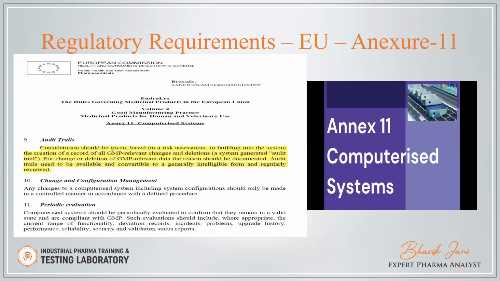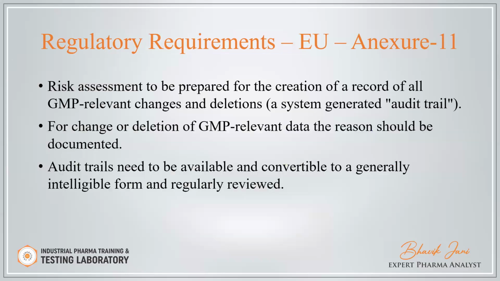Annex 11, what does it say about the audit trail? EU Annex 11 says a risk assessment should be prepared for the creation of records of GMP-relevant changes and deletions. For changes or deletions of GMP-relevant data, the reason should be documented. This means for every software you have to prepare the risk assessment, and based on the risk assessment you have to decide whether mitigation is required or not.